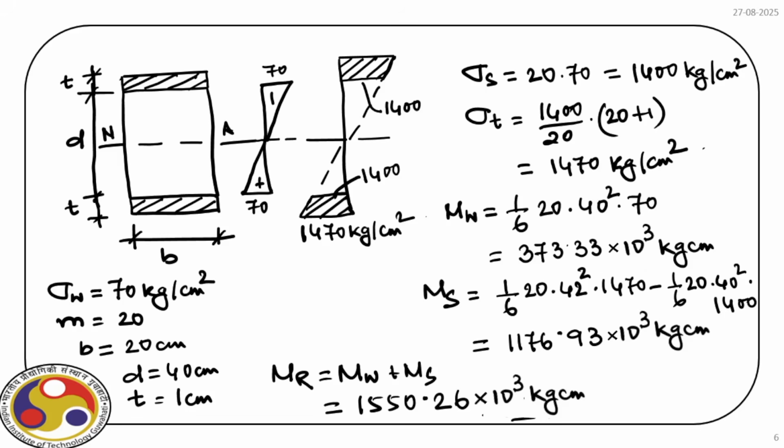So for each individual material, we find out the moment of resistance and then sum them up depending upon the type of geometry we have. As in this case, we have steel cover at the top and bottom, and in the previous case we had it on either side. Accordingly, we find out the moment of resistance of the section, and you can make different combinations, and for the different combinations you can find out the distribution of stress along the cross sections and also the moment of resistance.